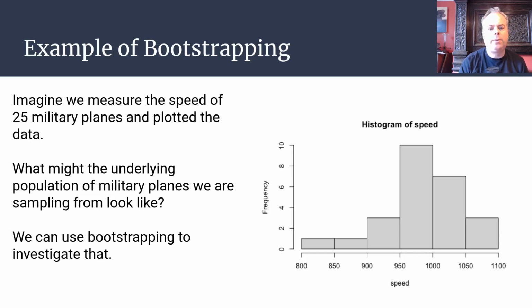So imagine we measure the speed of 25 military planes, and we're plotting the data in a histogram. Well, we might think to ourselves, what might the underlying population of planes look like that we're sampling from, given we only really know about this one sample? So we can use bootstrapping to start to investigate that and give us some sort of estimates as to what the population might look like.